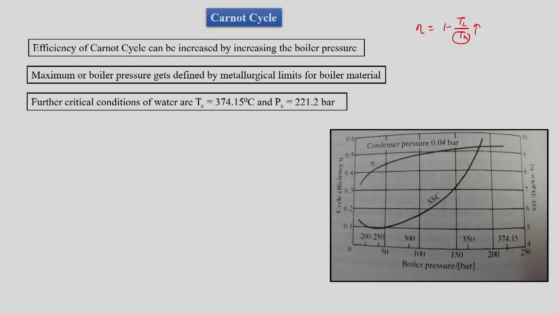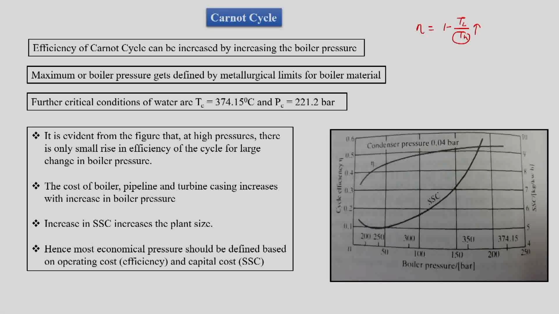Then how does efficiency change? Efficiency increases with increase in the boiler pressure and hence the boiler temperature for the given condenser pressure of 0.04 bar of our example. So, it is evident from the figure that if boiler pressure increases, we get higher and higher efficiency, but at higher boiler pressure the rate of increase of efficiency is low.